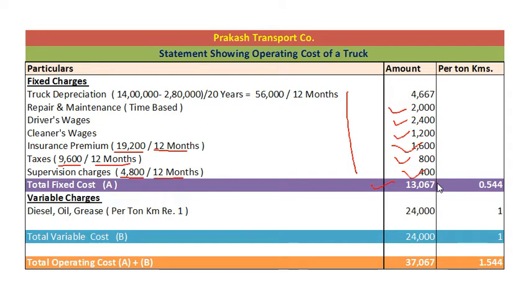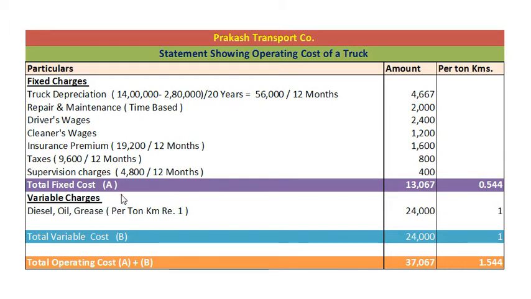Total fixed charges amounts to 13,067, divided by monthly ton kilometers 24,000. Again I repeat, our total fixed cost amounts to 13,067, will be divided by monthly ton kilometers 24,000. So our per ton kilometer cost amounts to 0.544. Now we will take variable charges.